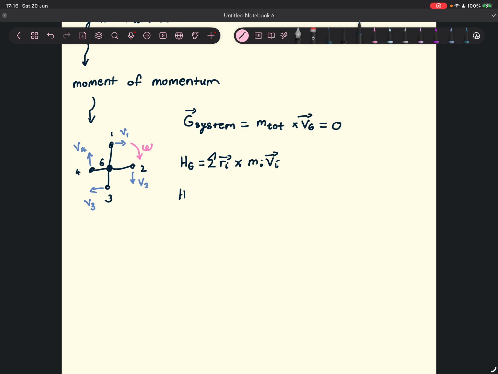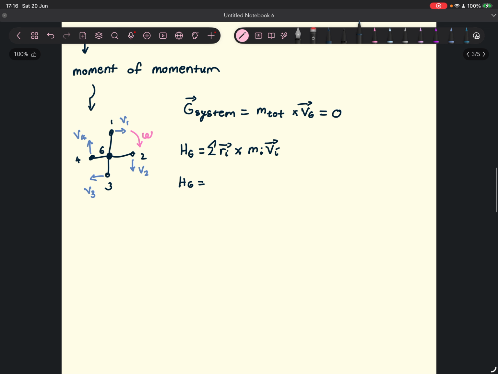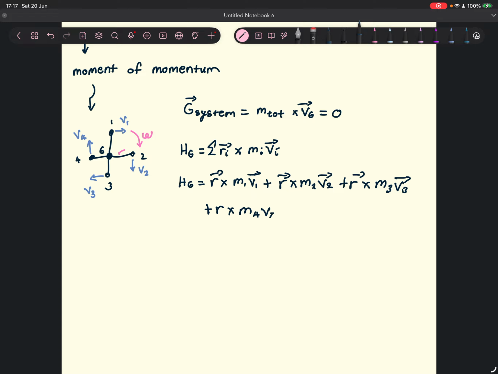And then we're going to say that Hg is equal to, let's say that all of these distances were R. It's going to be R crossed with M1 V1 plus R crossed with M2 V2 plus R, and all of these are vectors, R crossed with M3 V3 plus R crossed with M4 V4.